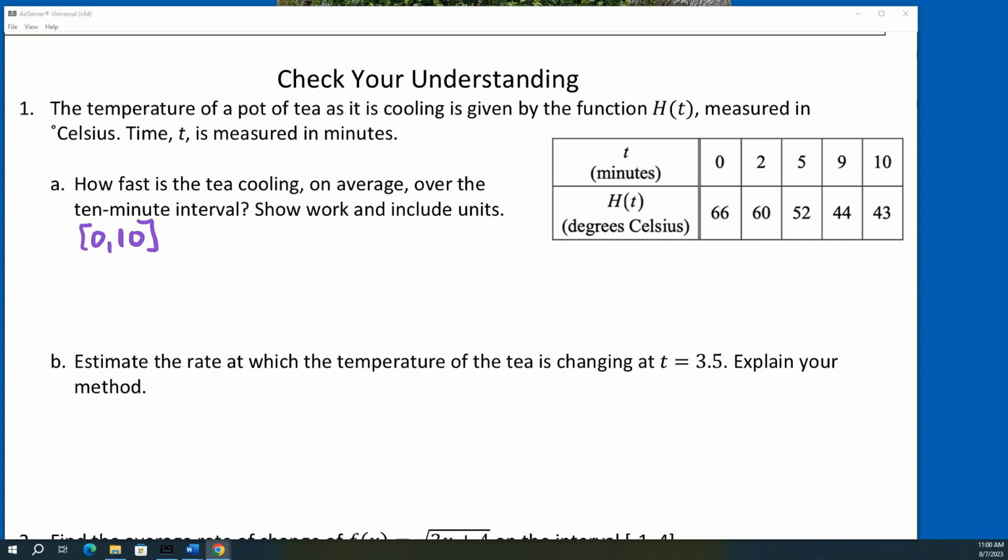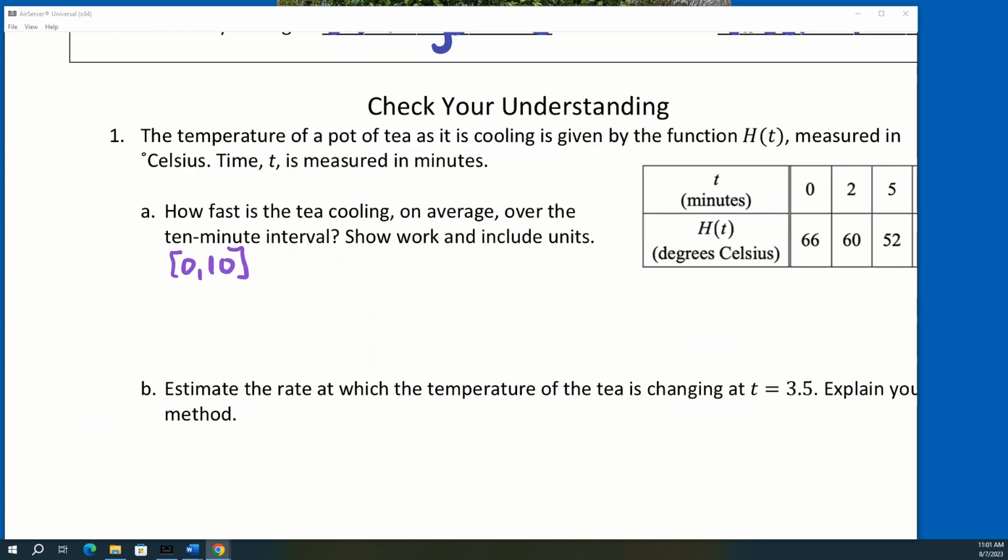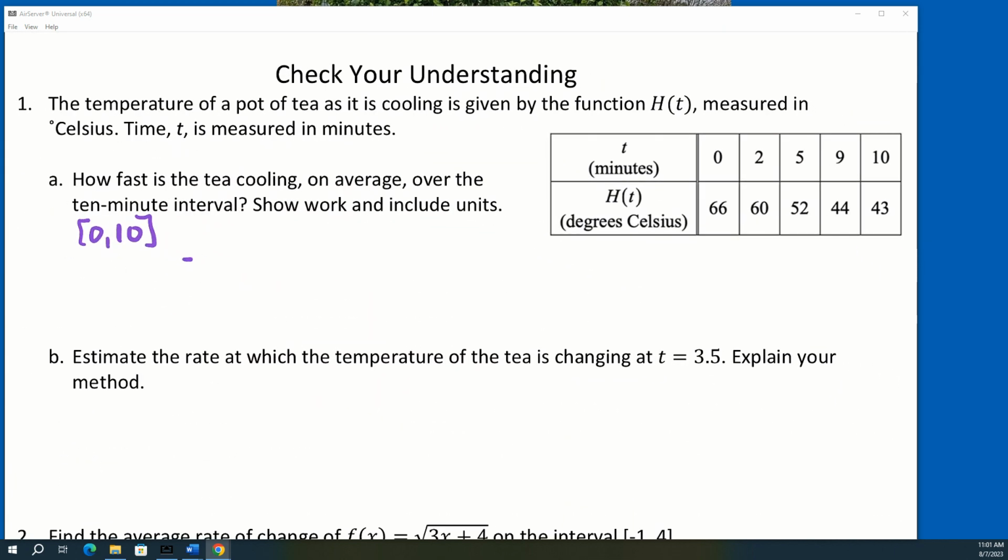All right, now I'm going to use the notation that we wrote up here. I wrote it in kind of a dark blue. So if I want to find this average rate of change, I'm going to do h of 10 minus h of 0 over 10 minus 0.